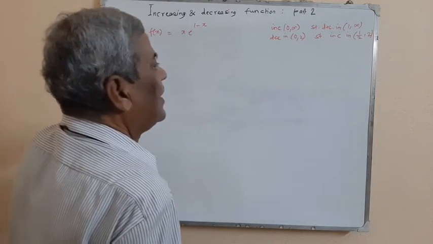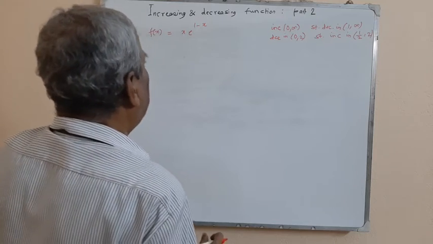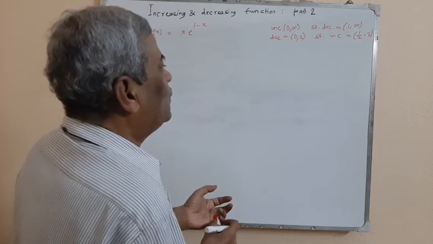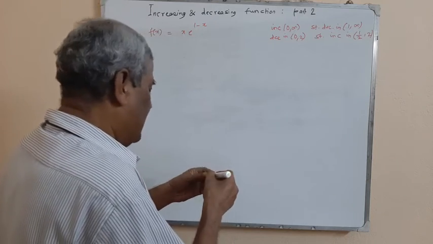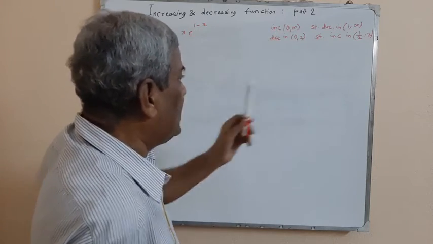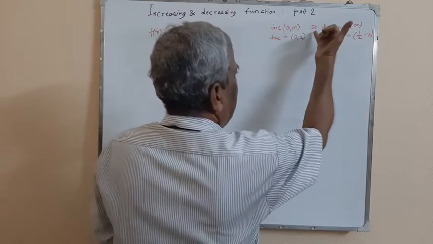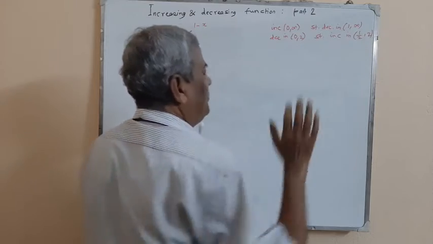Now, here also it is a very straightforward formula. This function is given, and we have to identify which statement is correct, whether this function is increasing in that interval, strictly decreasing, and so on.